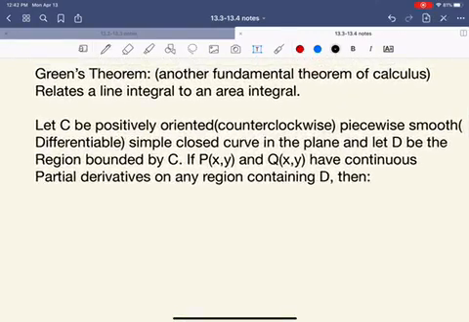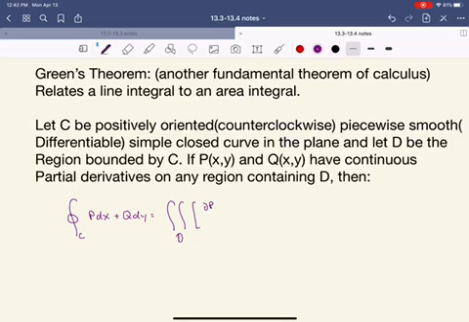The integral, and we're going to write it with a circle to mean it's a loop integral, of P dx plus Q dy equals the integral over the area of partial Q with respect to x, I always screw this up, minus partial P with respect to y, dA. And that's the area integral.